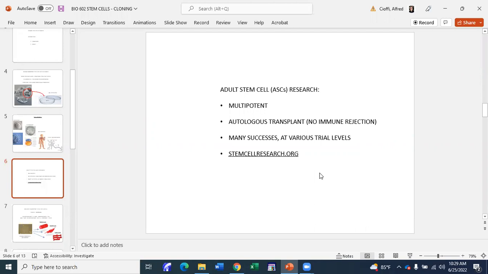Think of a patient now who is receiving embryonic stem cells for healing of something. Those embryonic stem cells necessarily come from another human being, and therefore there's going to be a question.